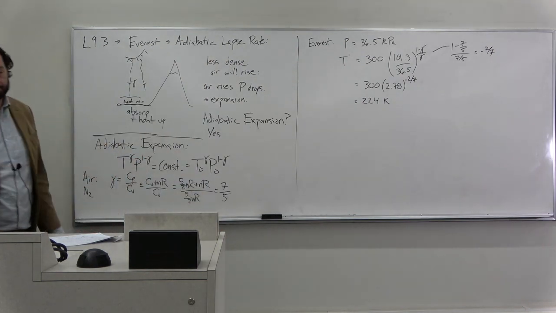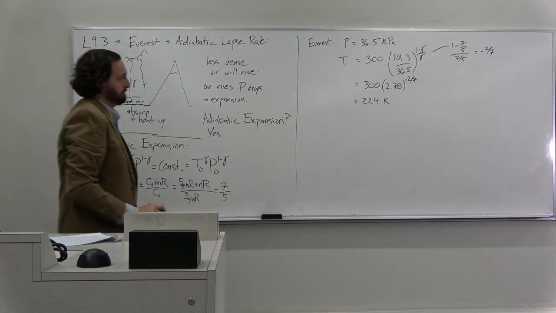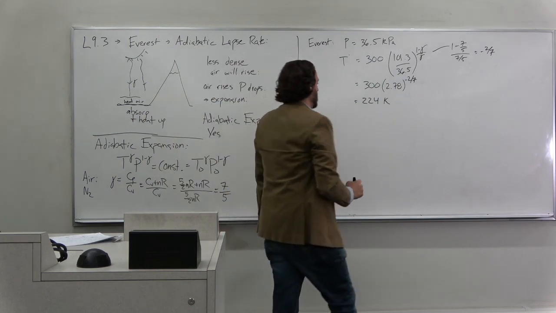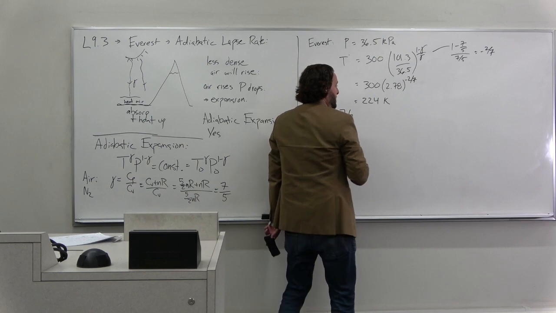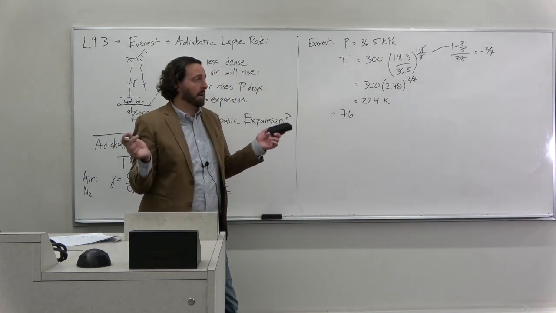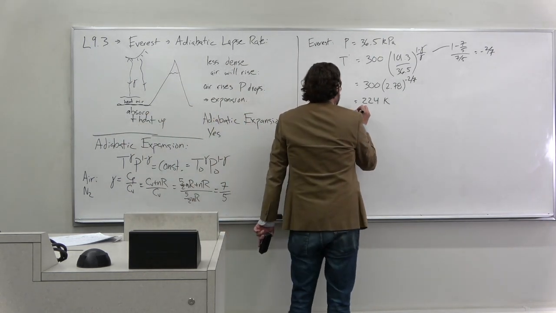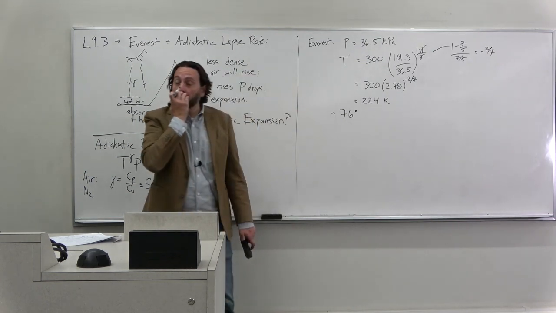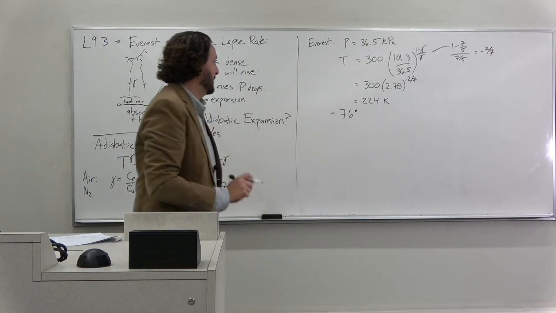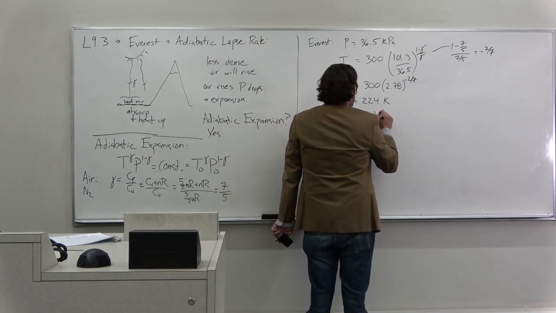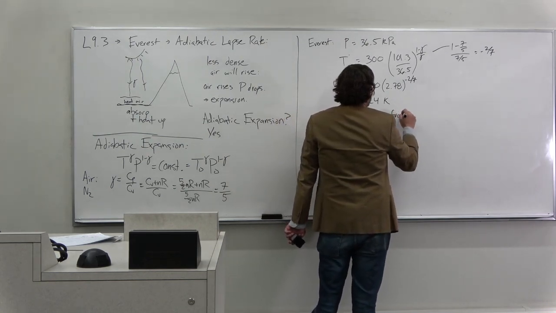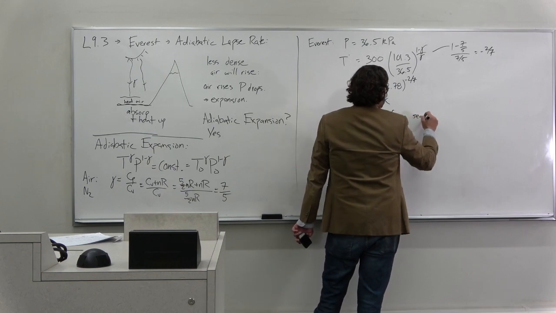Woohoo! So that means we had an approximately 76 Kelvin drop, or equivalently, remember delta T for Kelvin and delta T for Celsius is identical. So this means it's a 76 degrees Celsius drop from sea level.